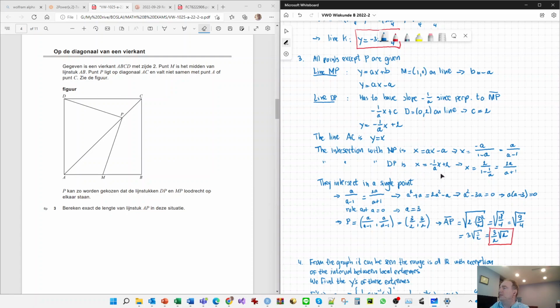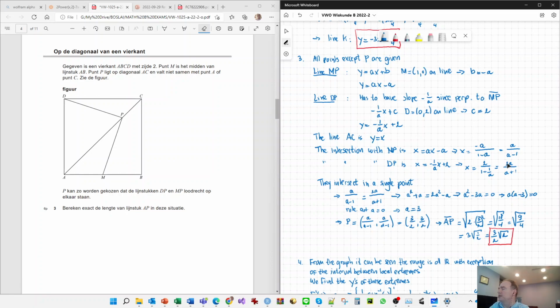In the same way, if we solve x equals the expression of the line DP, you can again do some math here, using your algebraic skills. You get x equals 2 over 1 plus 1 over a.